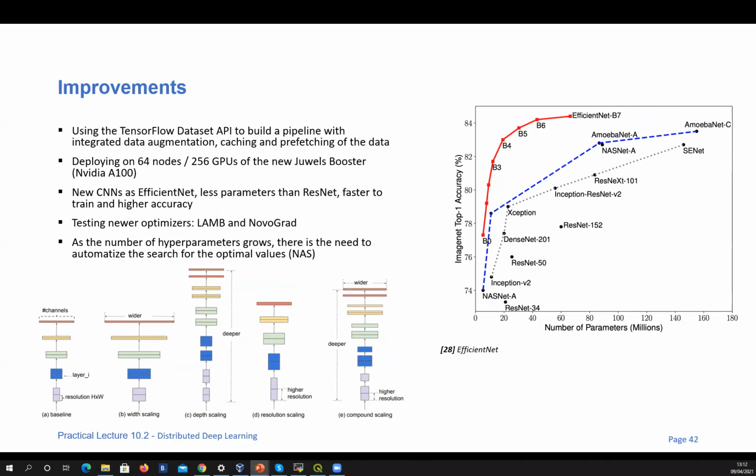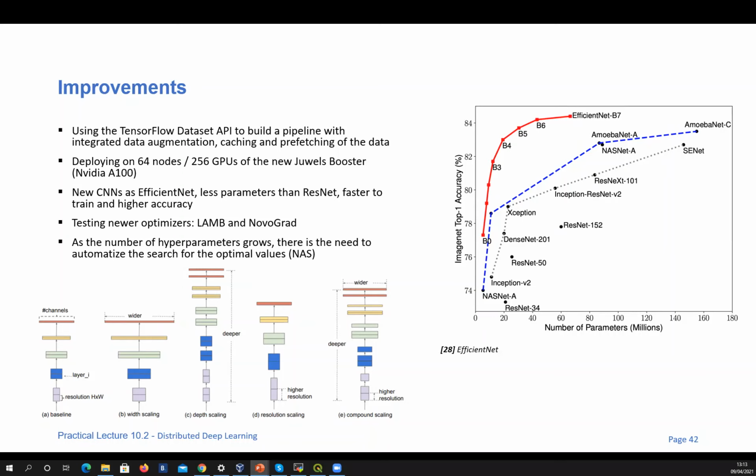This speeds up the training a lot and also increases efficiency a lot, which is very important, since what we wanted to do was to take advantage of the newly available NVIDIA A100 GPUs that are hosted on the Jewels booster. And we are now trying to work on this.